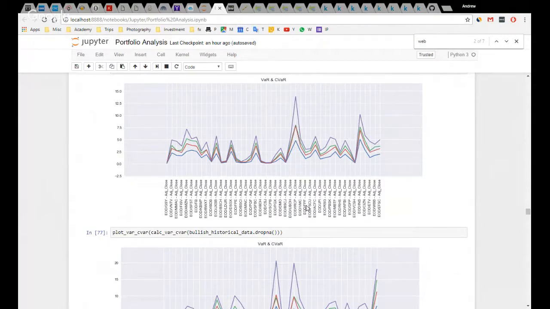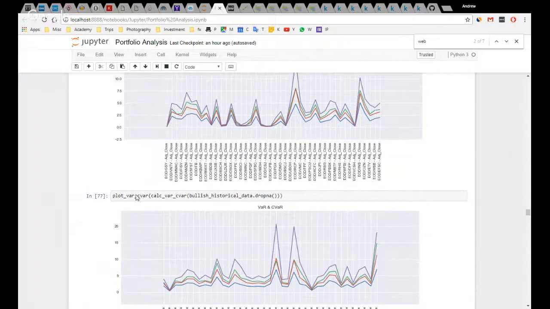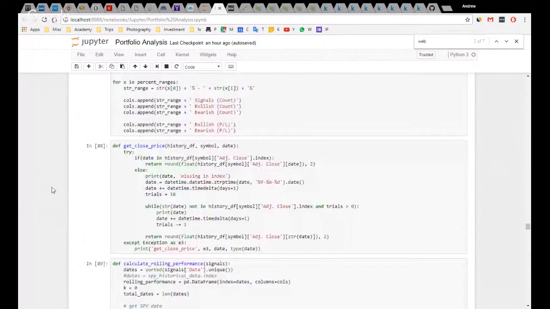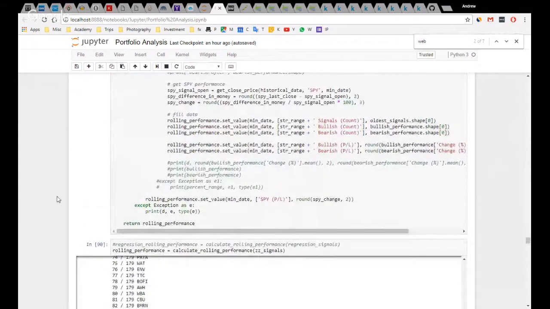So for instance, in this example, the IRCP, we think it's risky. Another aspect, we think that INS is risky. On the other hand, we think that VNTV, Ventive, is good for investment. And same goes for the bearish signals, and eventually alpha and beta.